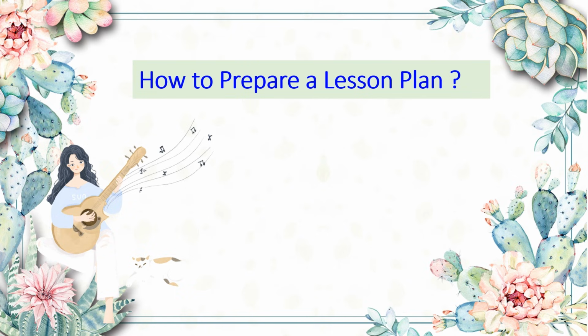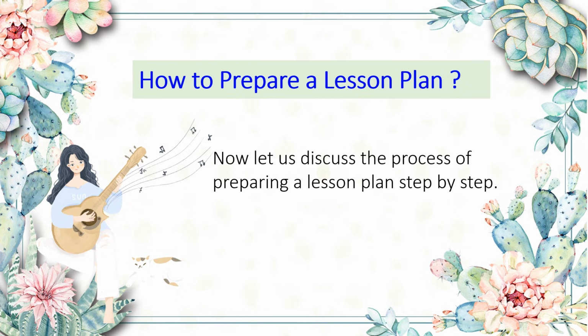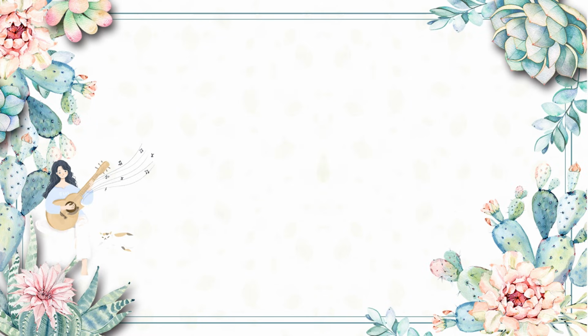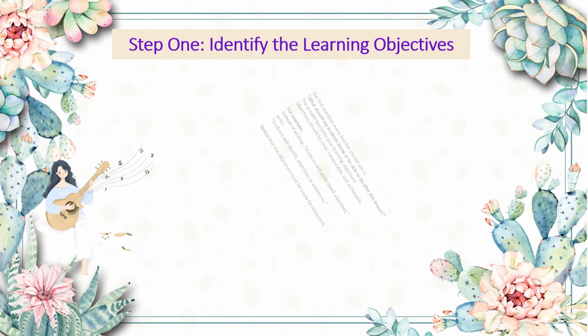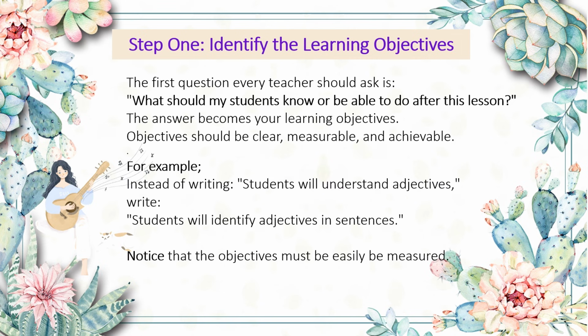Now, let's understand the actual process of lesson planning. Step 1. Identify the learning objectives. The first question every teacher should ask is, what should my students know or be able to do after this lesson? The answer becomes your learning objectives.